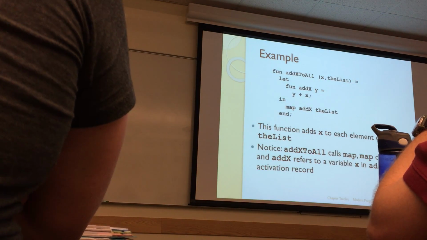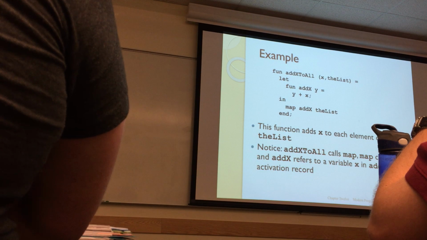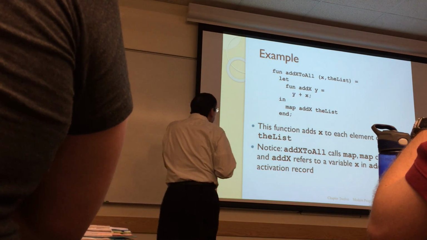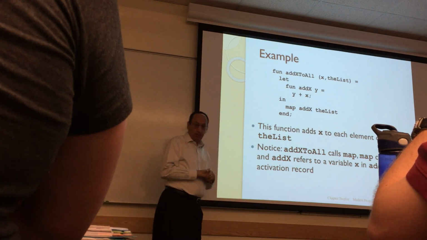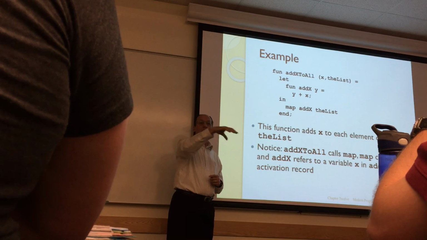So here we have, and we've seen this kind of stuff before, but this is a little different. Add X to all takes X and a list. And what we're going to do here is take advantage of map. Map will call a function on everything in the list.